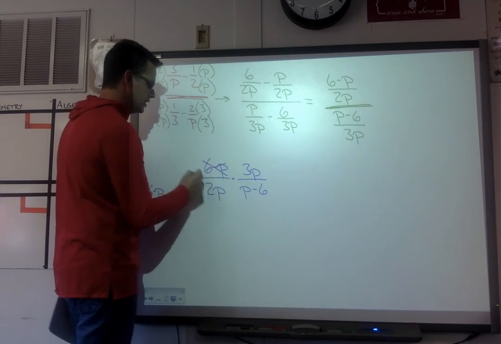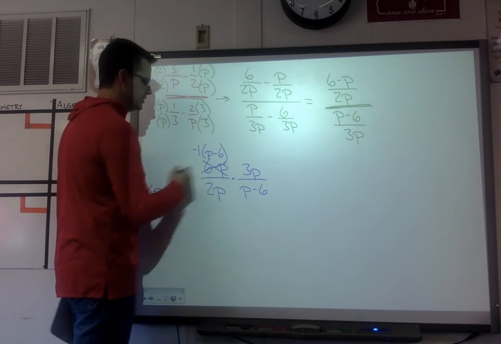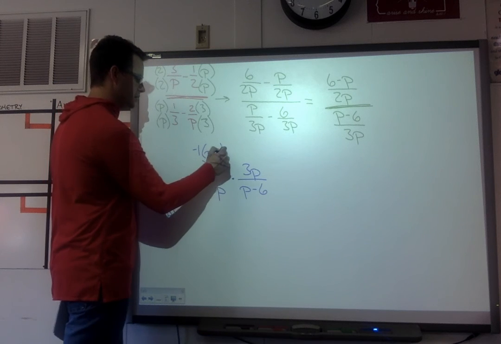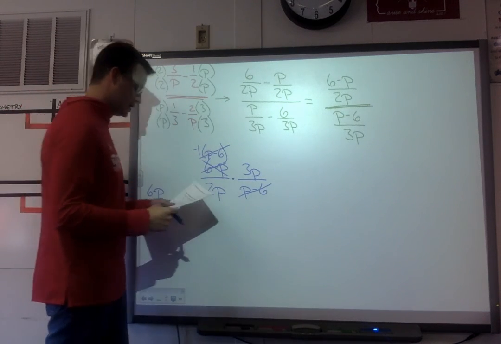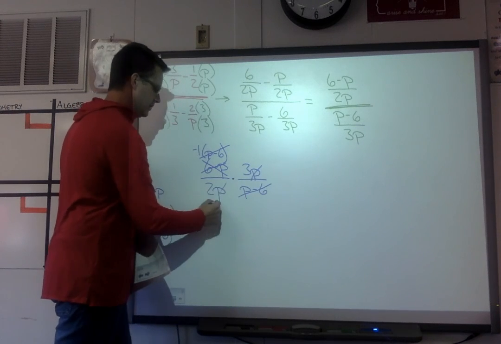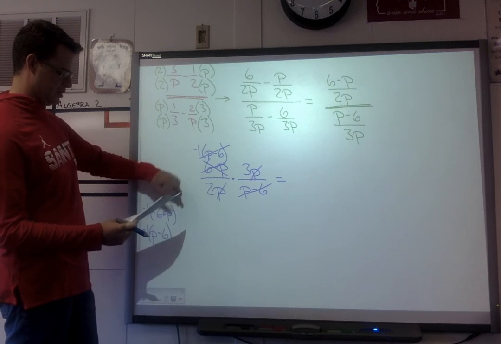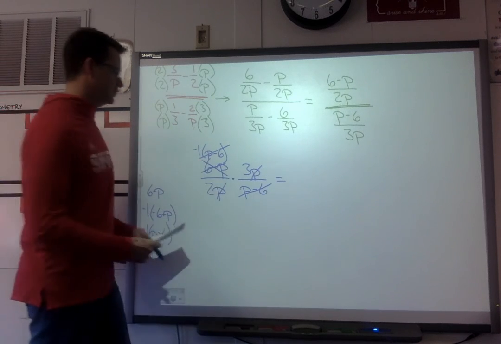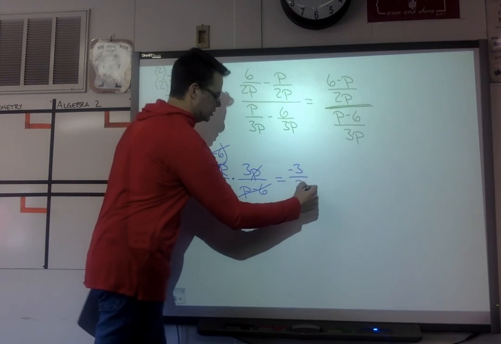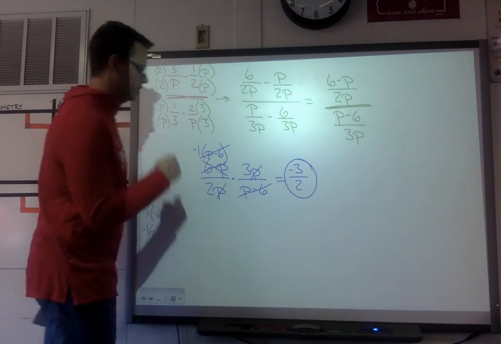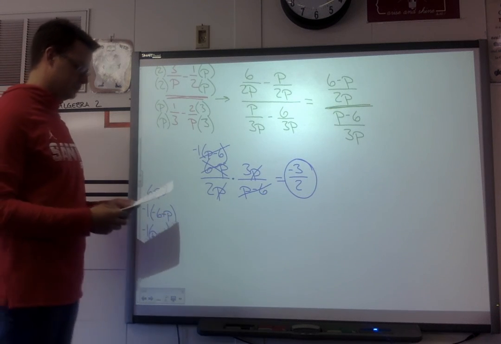Then I can cancel out my p minus 6, I can cancel out my p, and I'm left with -1 times 3, which gives me -3 over 2. So our missing value would be -3 over 2.